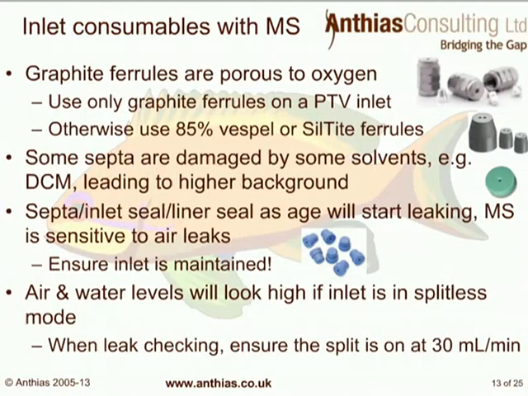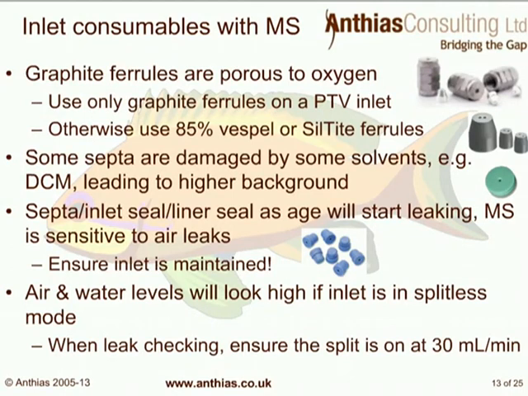That means that it doesn't gradually move through the analytical column and certainly doesn't reach the detector. When we think about our inlet, we need to think about the consumables that we should be using when we have a mass spectrometer at the end of the analytical column. Firstly, graphite ferrules, which are often used in the GC inlet as well as on the mass spec transfer line. These are porous to oxygen, so you should only be using graphite ferrules on a PTV inlet.